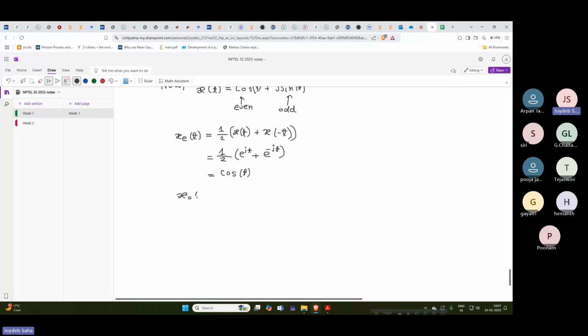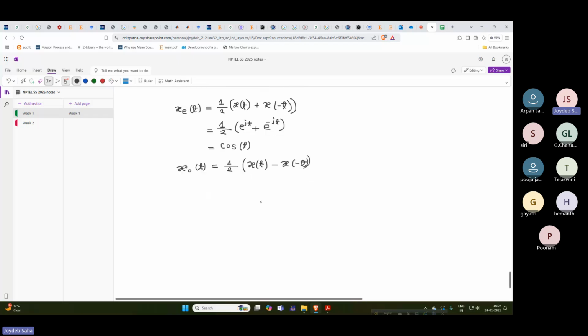So the odd part will be 1 upon 2 [x(t) minus x(-t)], which is 1 upon 2 [e to the power jt minus e to the power minus jt].